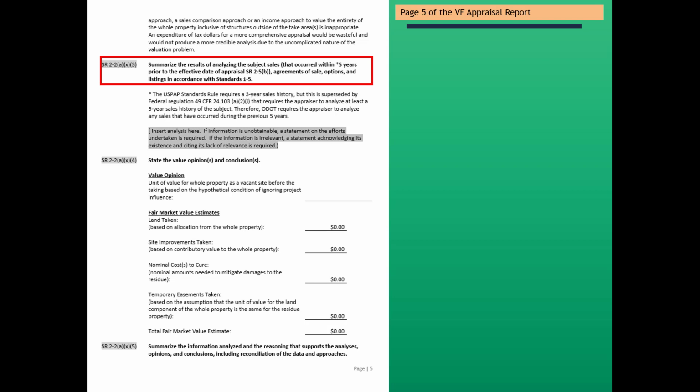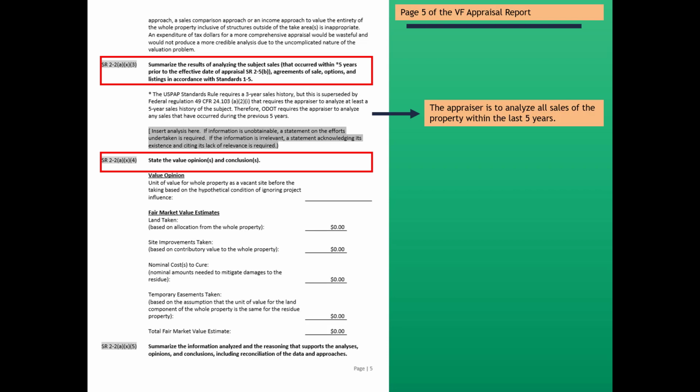There's a little explanation here: the typical USPAP standards require a 3-year sales history, but the federal regulation requires a 5-year sales history. So in this case, we go with the greater standard, which is the federal regulation, and so we require the appraiser to analyze a 5-year sales history.